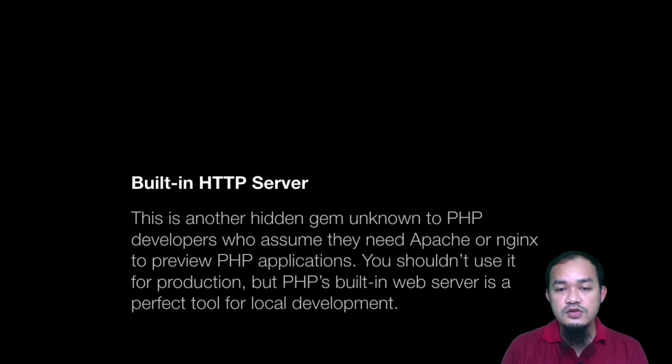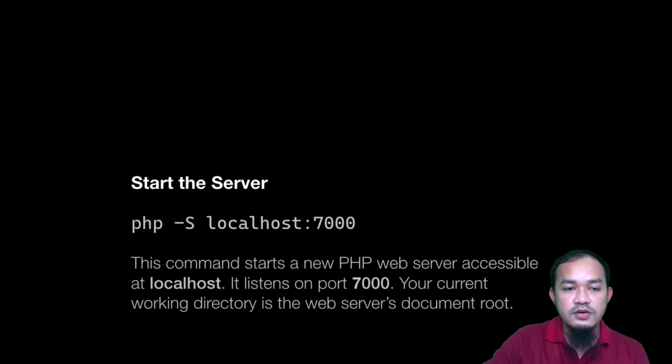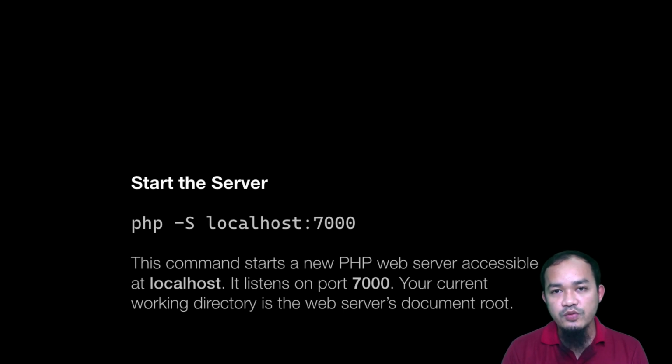If you want to test, you don't need to download any additional third-party application such as Zend or mem. You can use the built-in HTTP server like this one. You can use the PHP built-in server by using php -S followed by localhost or 0.0.0.0, then a colon followed by a port number, whatever port number, but it should not conflict with another port number.